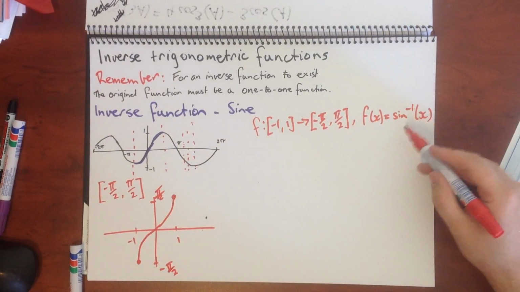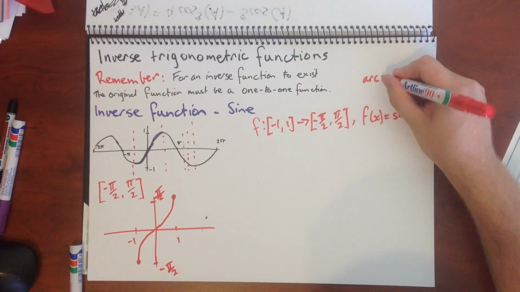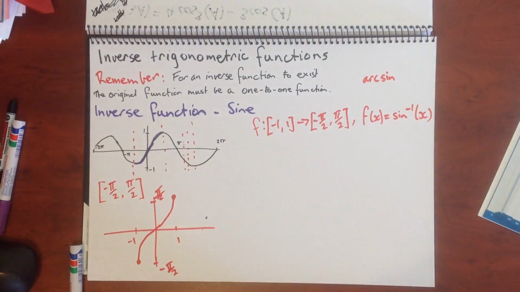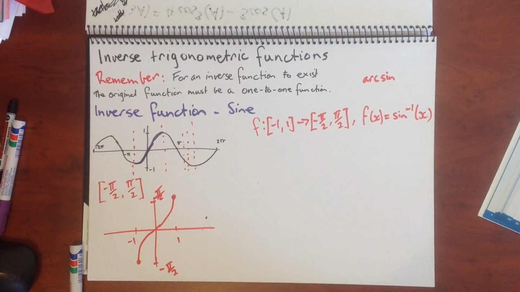We write it as sine to the power of -1. An alternative way is writing it as arcsine, but usually it's easier just to write sine to the power of -1. So that's our full definition of this function.